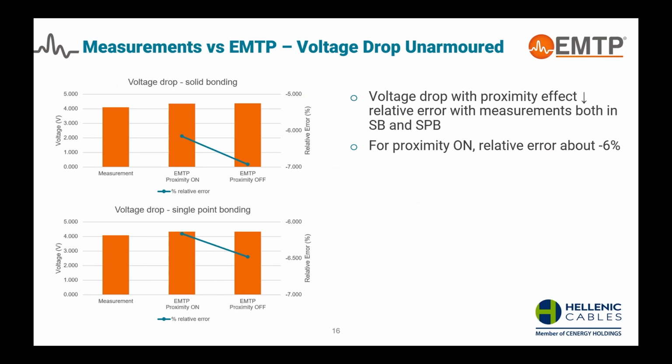The three quantities that are examined are the measurement and the EMTP simulation when proximity is on and when proximity is off, in both solid bonding and single point bonding. The voltage drop with proximity effect gives a much lower relative error, both in solid bonding and single point bonding. And the relative error between measurement and simulation when proximity is on is about 6%.